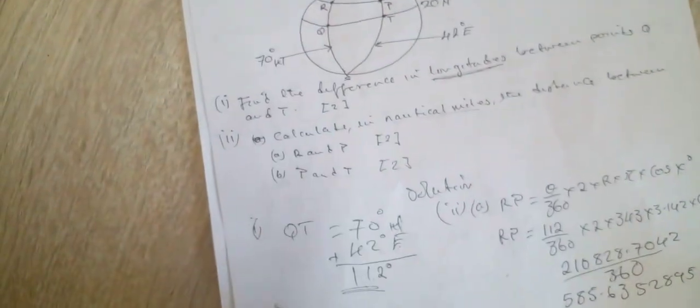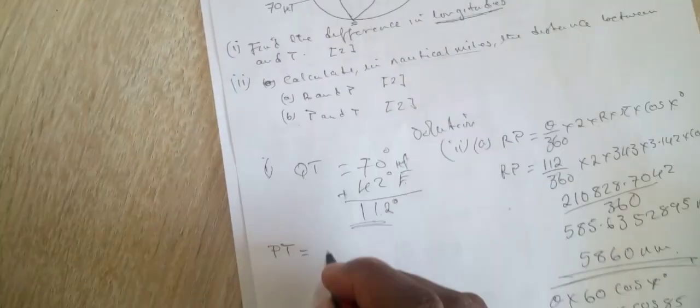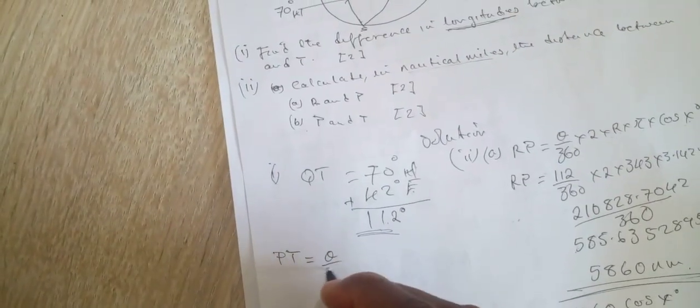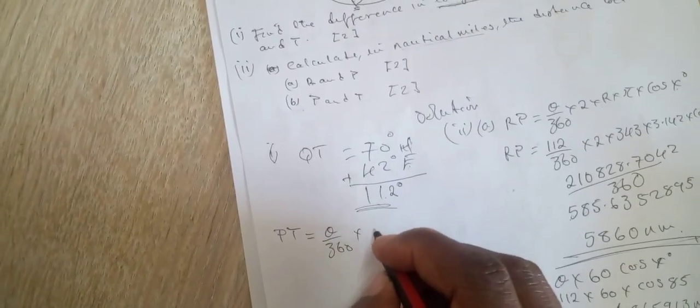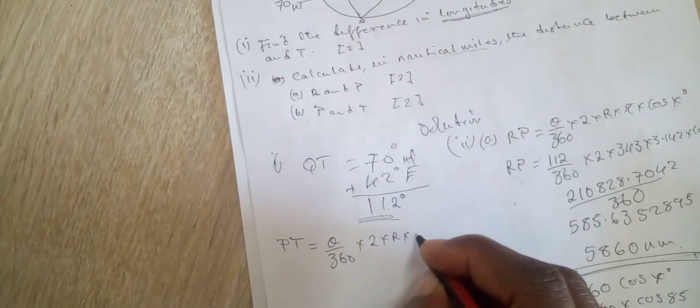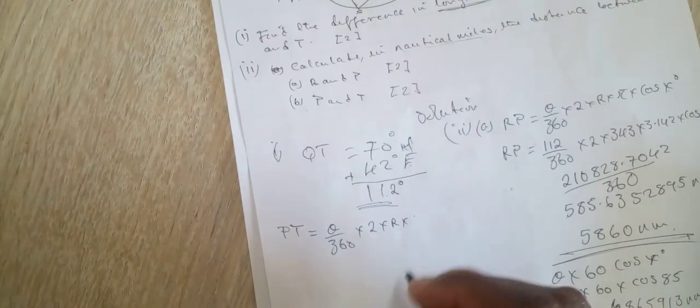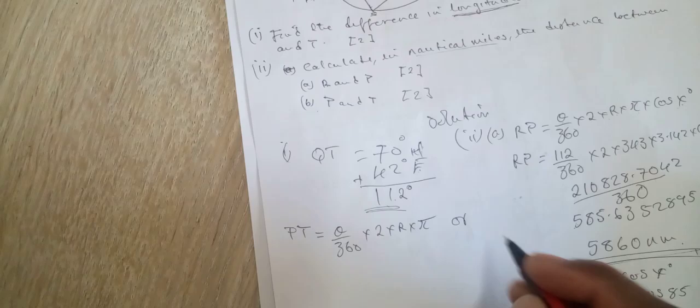So the distance along the longitude, PT, we are going to say PT is actually theta over 360 times 2 times pi times radius. Or we can use the formula which is straightforward.